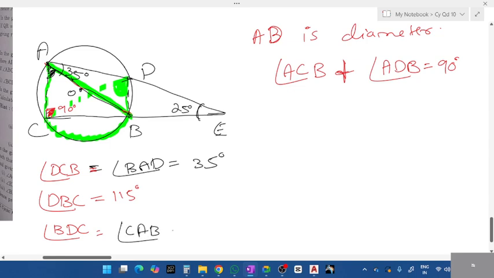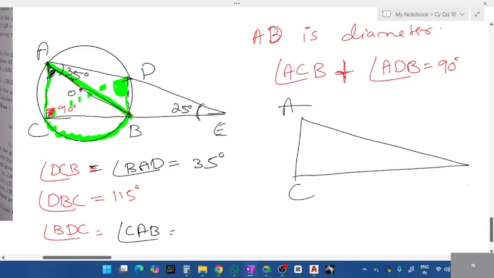Look at these two angles. Won't they be equal? BCD, CAB will be equal. So you can even find CAB, students. How will you find CAB? Take this entire triangle. Look at this entire triangle CAE. What is the value? 25. You could have done it like this, 90 degrees.